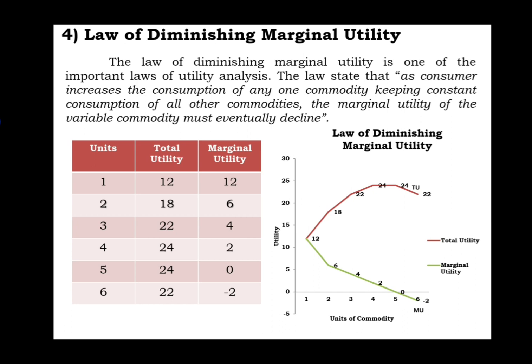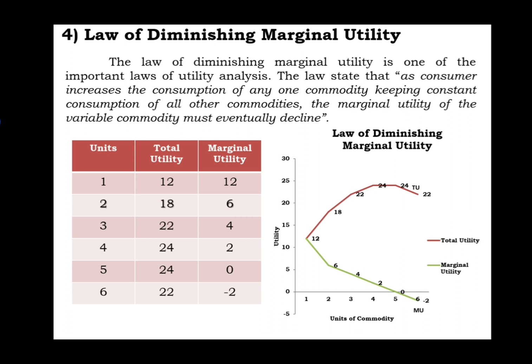diagram. We have understood that marginal utility goes on diminishing as we consume more and more units of a commodity. Here we have to use the data.